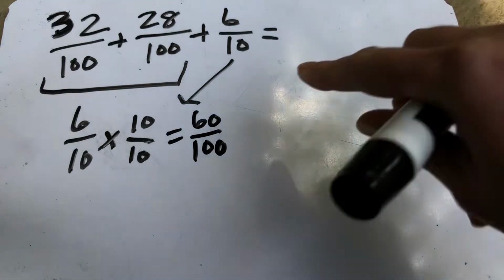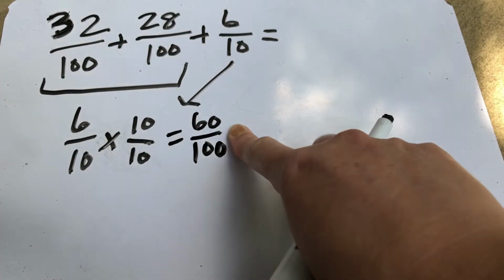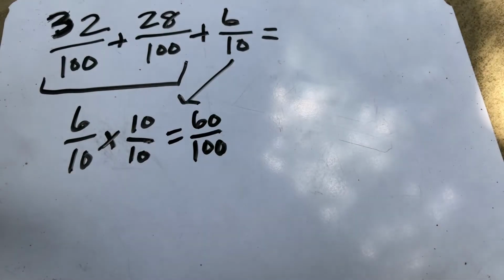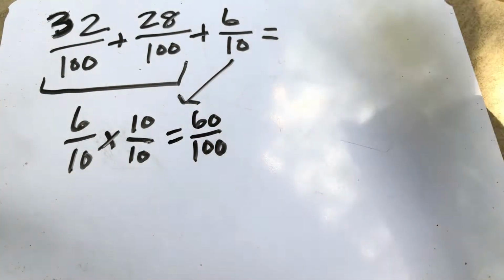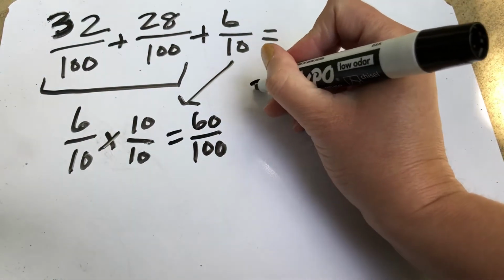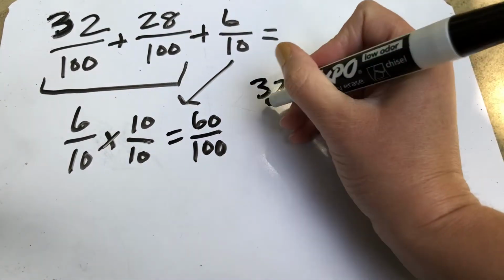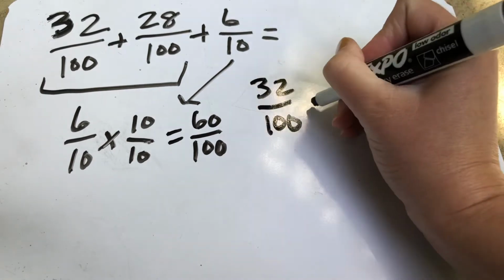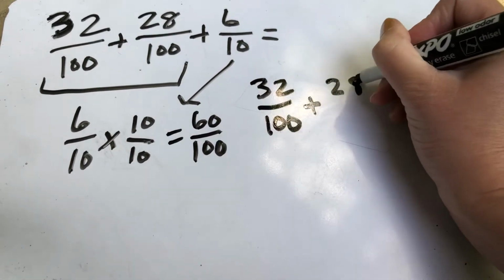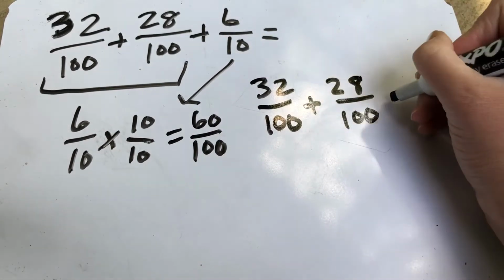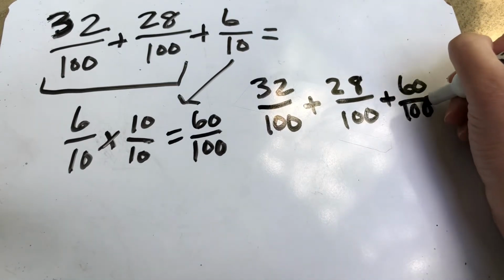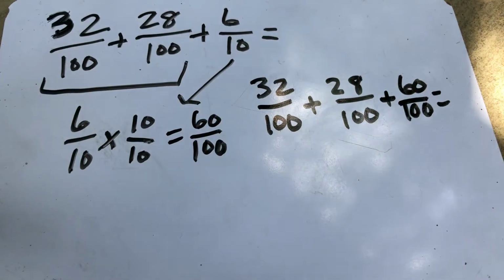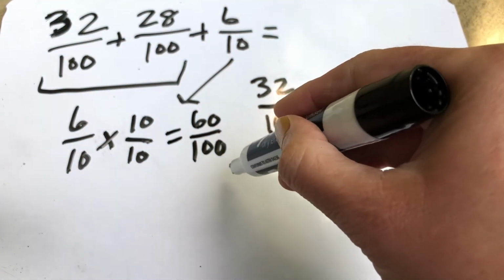Okay? So now you can add 60 100ths to this, can't you? So let's do this. I'm just going to rewrite it that I already have. Okay? So we're going to add our 32, our 28, and our 60. We'll come down here and add that.